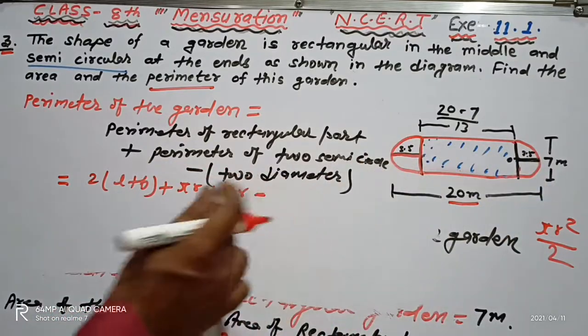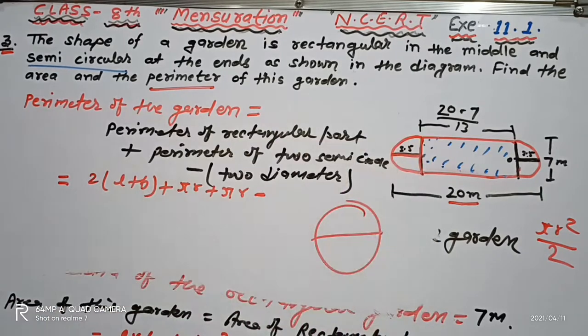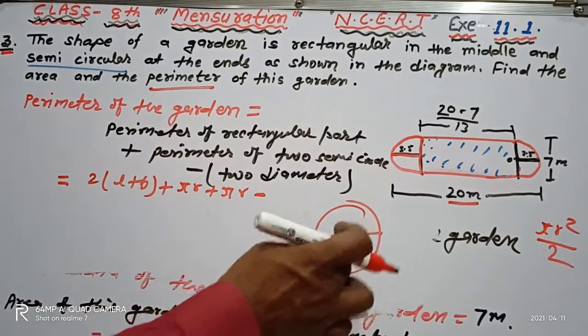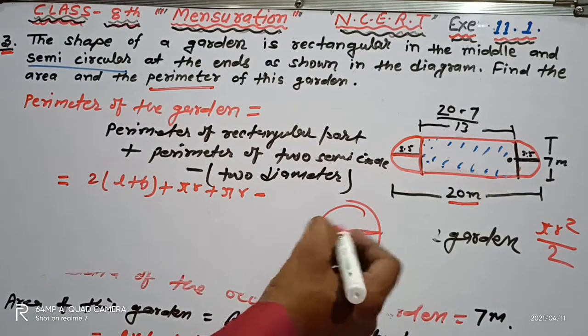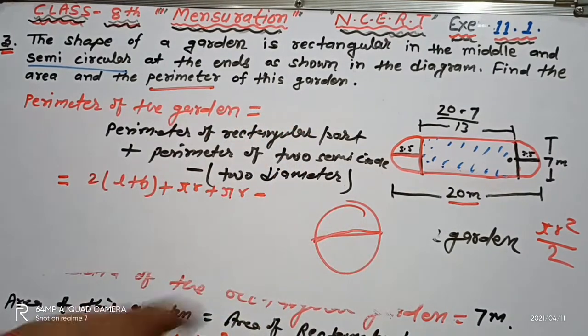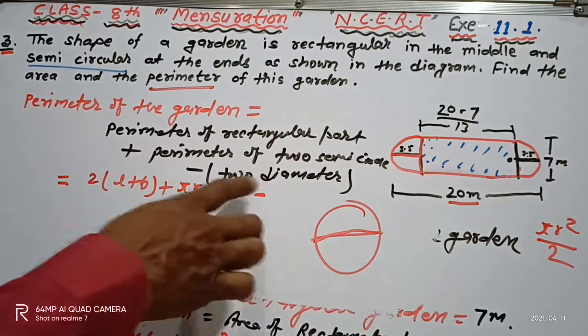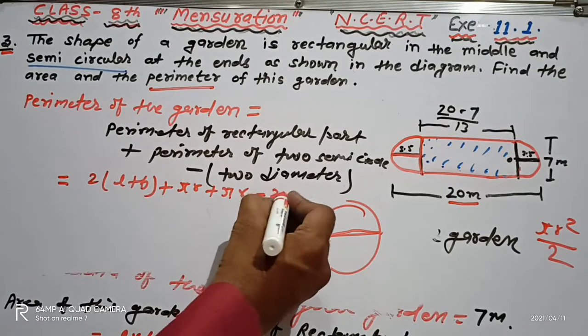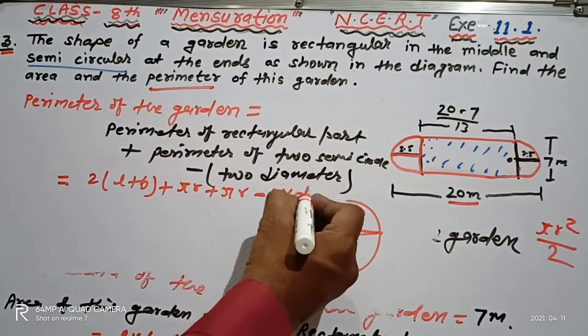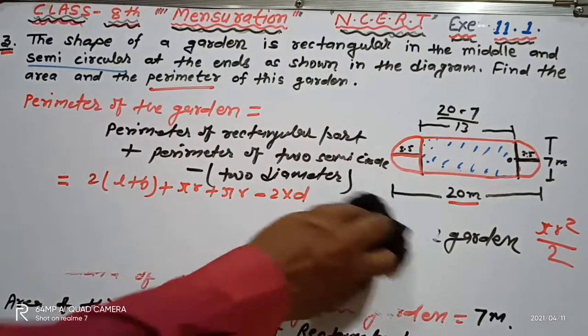But when we take pi r, this diameter also comes in that, and this diameter has already come in the rectangular part, so we have to take it only one time. That's why we have to subtract 2 into diameter, d. So let's find out what the answer will be.